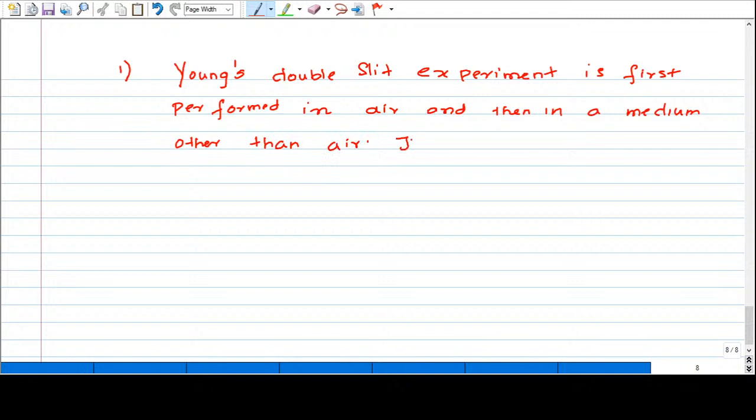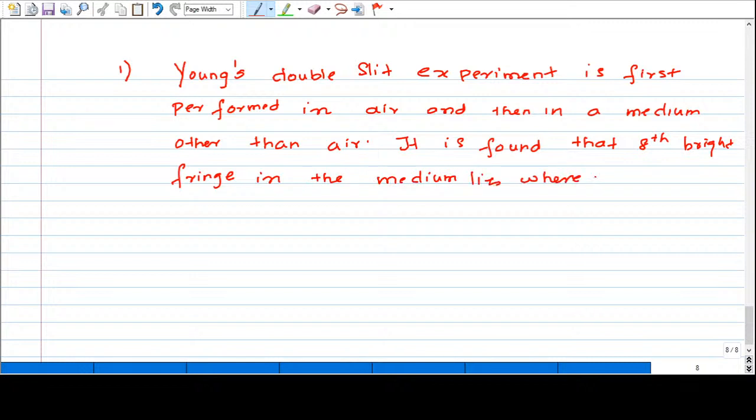It is found that the eighth bright fringe in the medium lies where the fifth dark fringe lies in air.